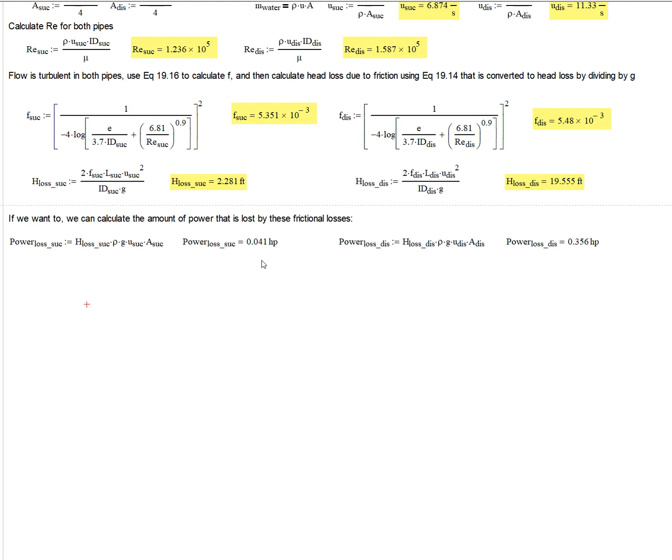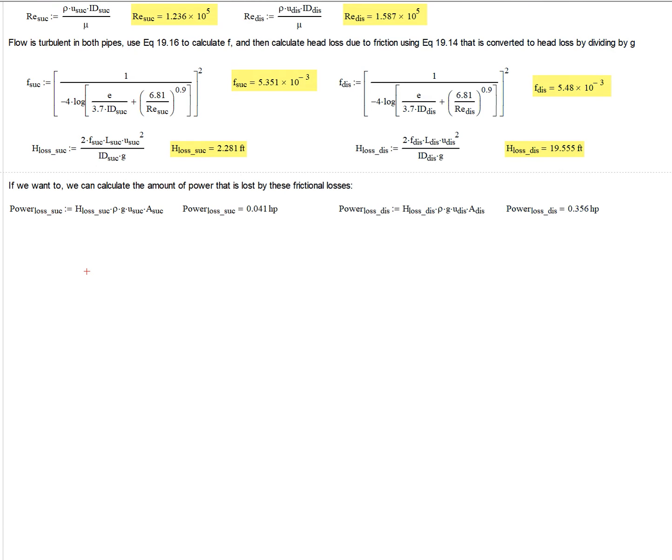And so we get 0.04 horsepower on the suction side pipe and 0.356 horsepower on the discharge side of the pipe. So almost about ninefold, almost tenfold difference in power losses.